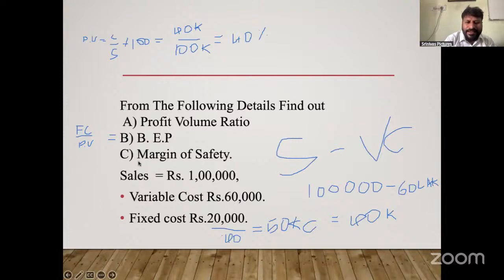Actual sales, how much? 1 lakh, 100K, minus 50K, is equal to 50,000.